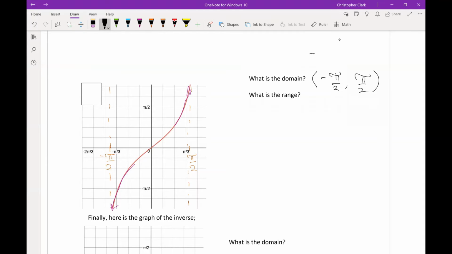Similarly, we can rewrite this as x is greater than but not equal to negative pi over 2, and less than but not equal to pi over 2. So this is the domain of our sliced tangent function.